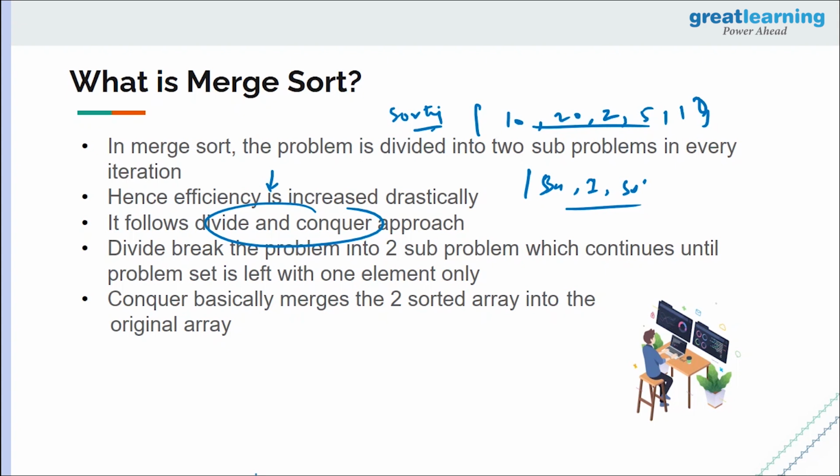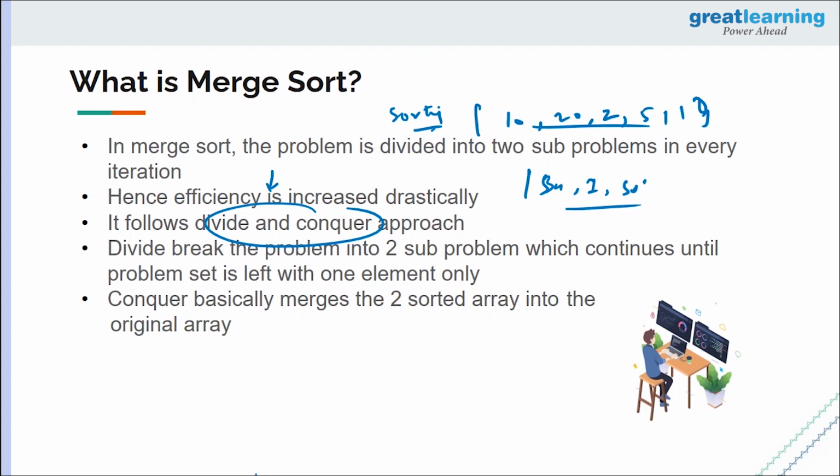That is your merge phase, wherein you combine your problems again, forming a single sub problem. So every time you divide the sub problem, conquer it, and combine it. This is how the divide and conquer paradigm works.